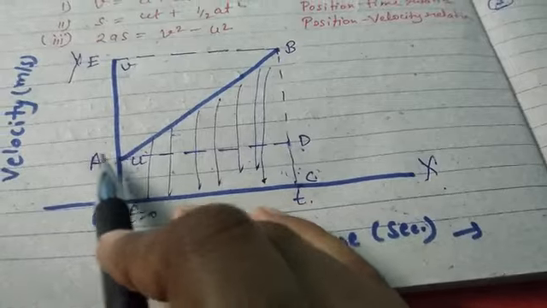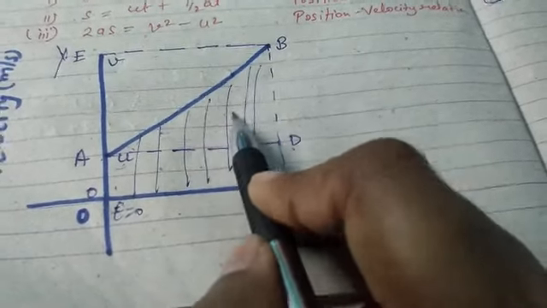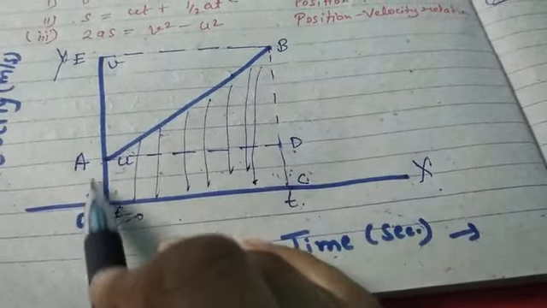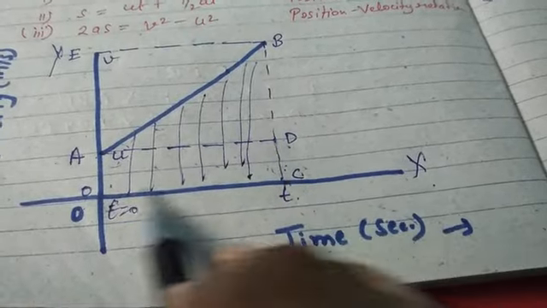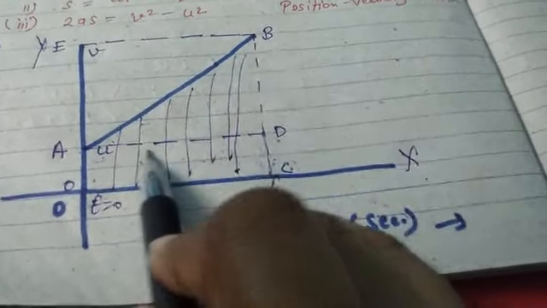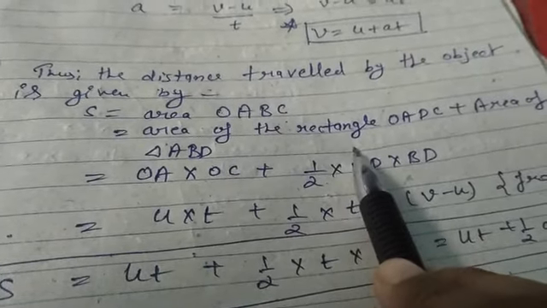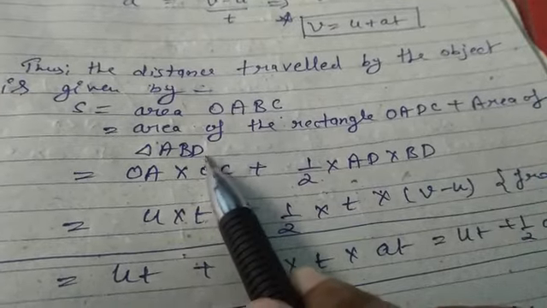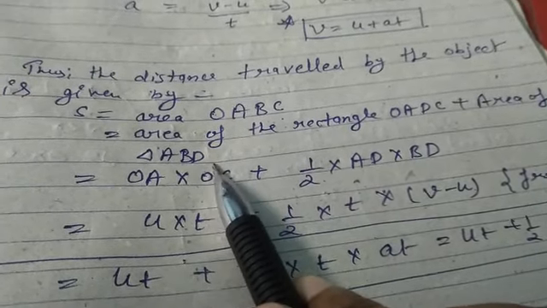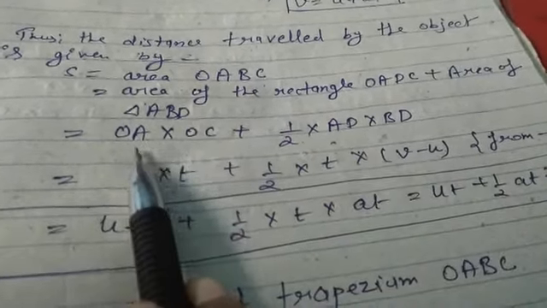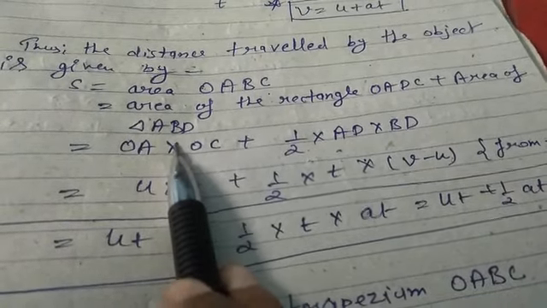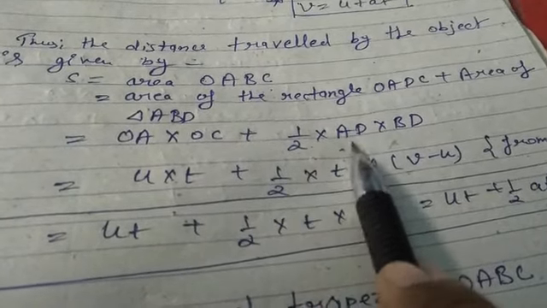We can divide this figure into two figures: OADC is a rectangle and ABD is a triangle. Area of OABC equals area of rectangle OADC plus area of triangle ABD. For the rectangle we have the formula length into breadth, and for the triangle half base into height.